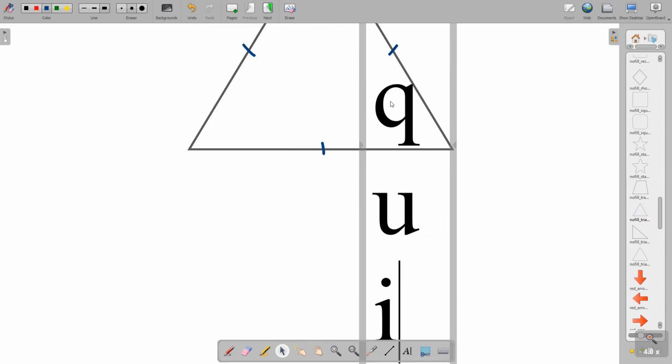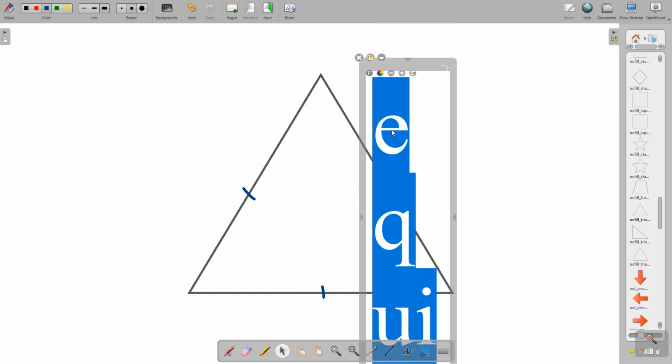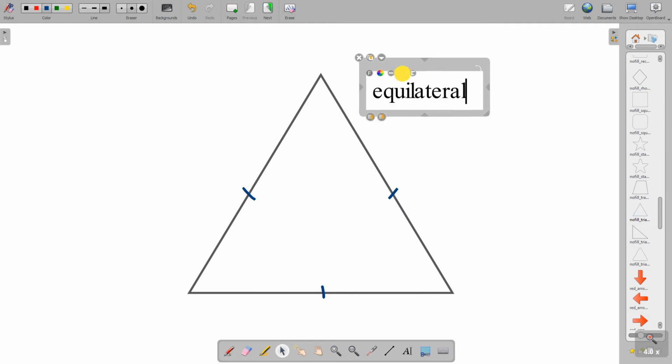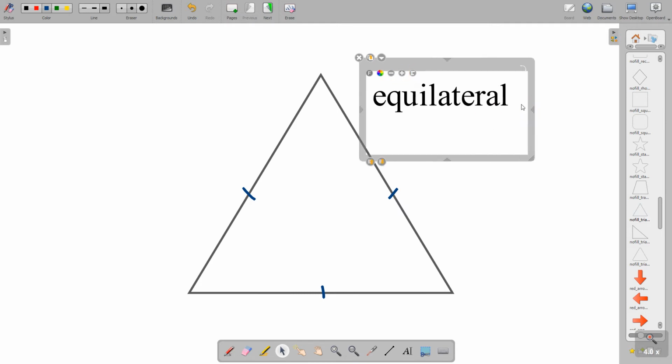That's an equilateral that you learned a few years ago.